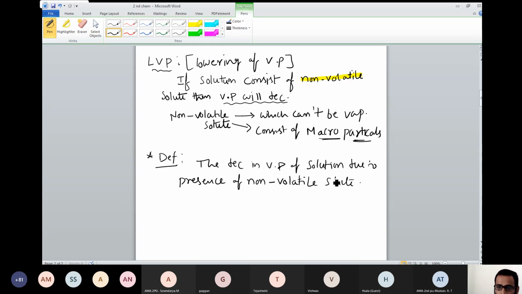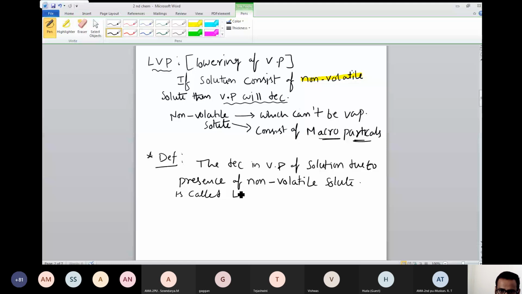Due to the presence of a non-volatile solute, what is this called?